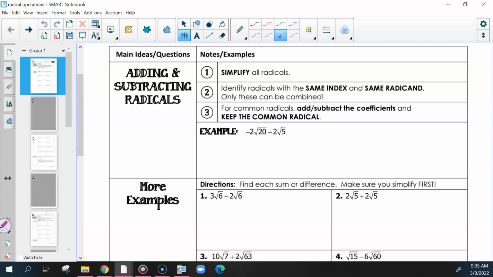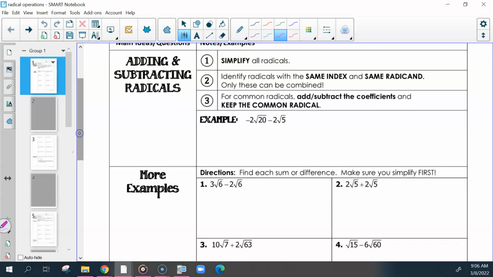Once we simplify and determine if they have the same or not, then if they do, we can add or subtract just the number on the outside, the coefficient of the radical, and the radical itself would stay the same. So think about that like terms: when we add 3x and 5x, we're really just adding 3 and 5 and adding x next to it. Same thing here. We would take the numbers in front, add those together, and keep the radical the same.